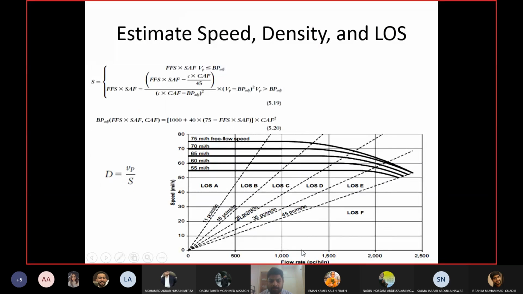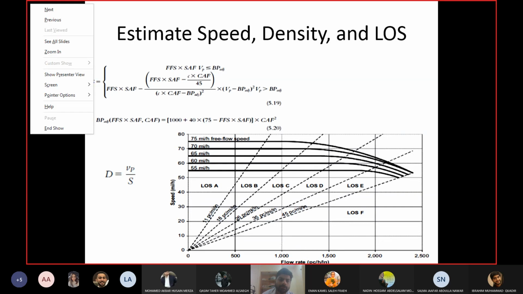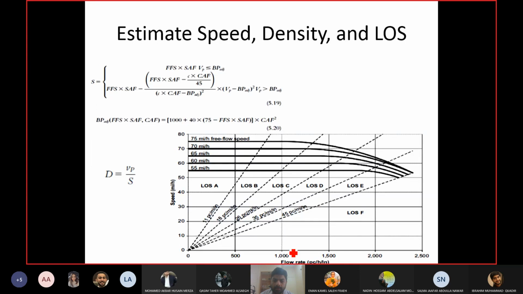It's almost in the middle, because 1250 will be the middle of these two, right? You go up from here to the curve of 70. So you are at level of service B, right at the edge of level of service B.